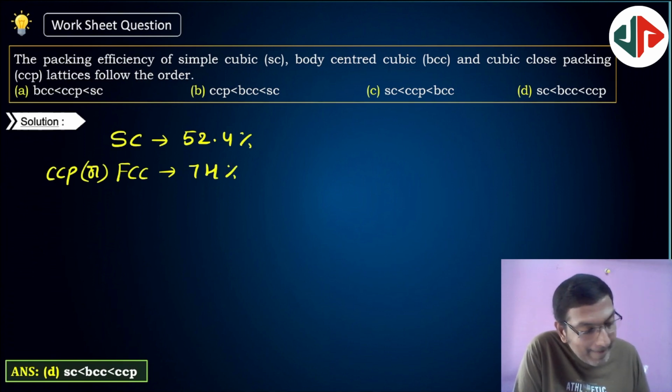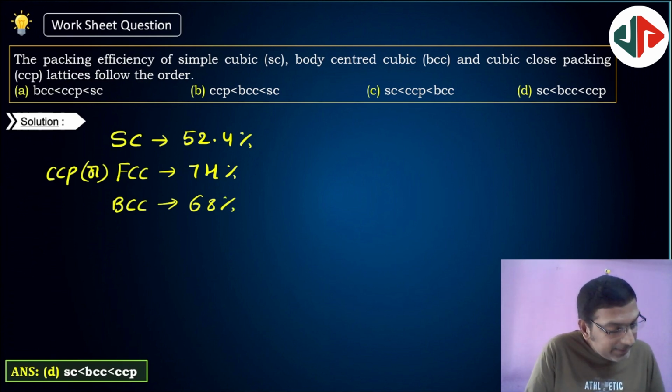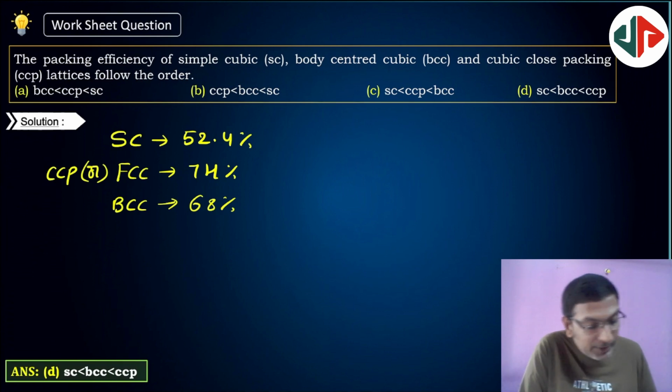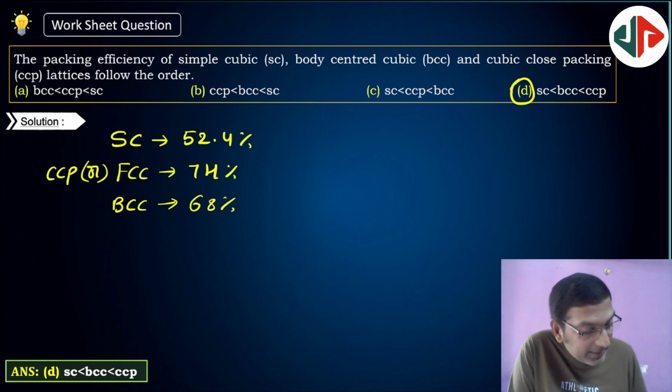Next, BCC, body centered cubic, 68%. Therefore CCP highest, after that BCC, next simple cubic, option D. Packing efficiency.